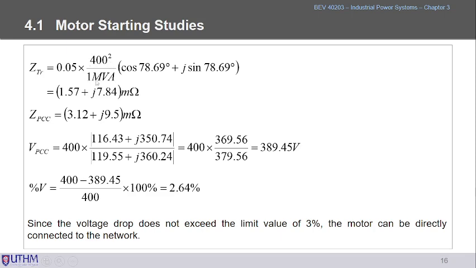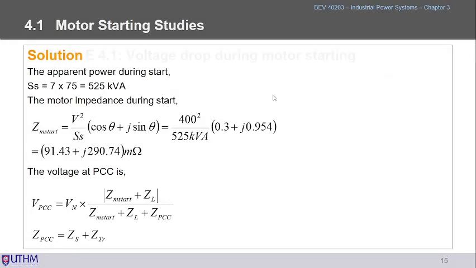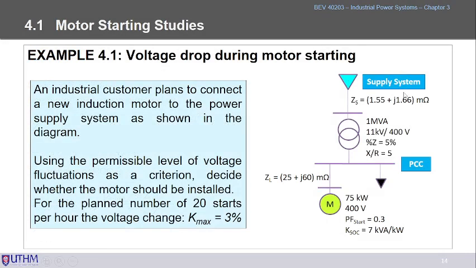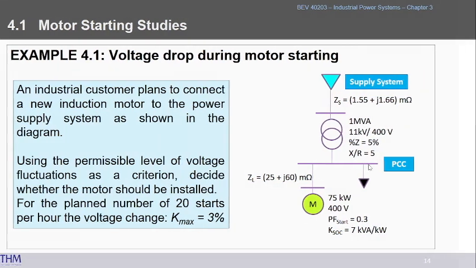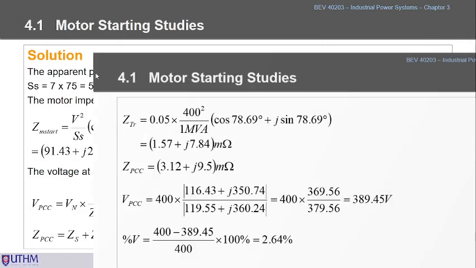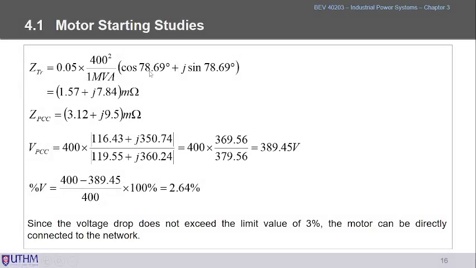So it's divided by 1 MVA, and then this is the angle 78.69, which you have to find from the X over R ratio here. As I told you, the X over R ratio is equal to tangent theta. So from tangent theta you can find the theta, and after that you use that theta to find the cos theta here.